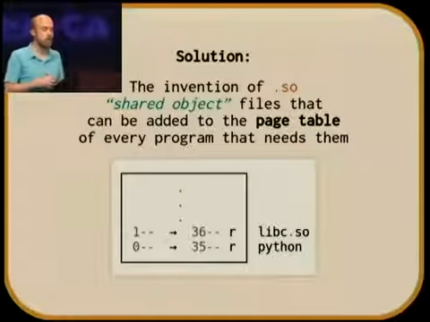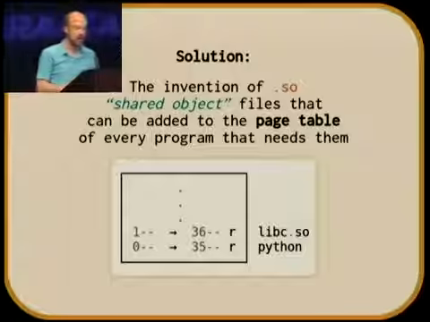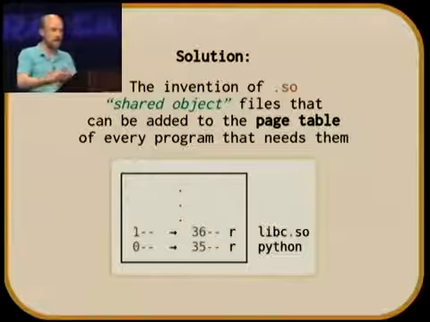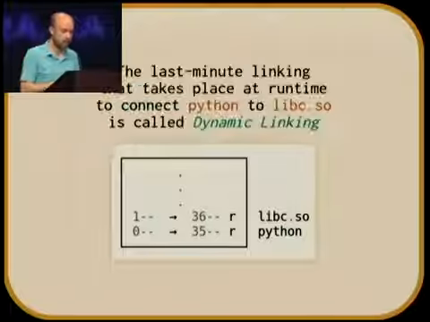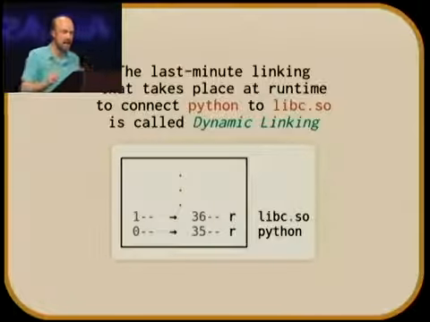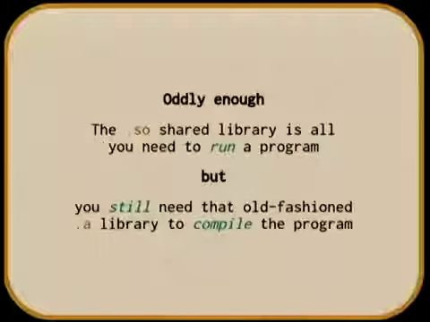So the solution was the invention of the modern .so shared object files that can be added to the page table of every program that needs them. The last-minute linking that takes place at runtime to connect Python to the shared object file is called dynamic linking and occurs at runtime when they find themselves sitting in RAM together.